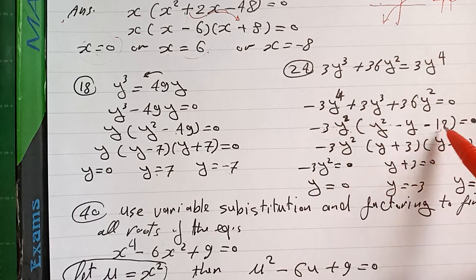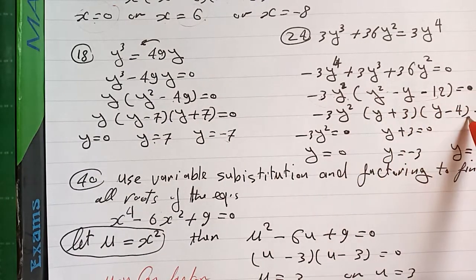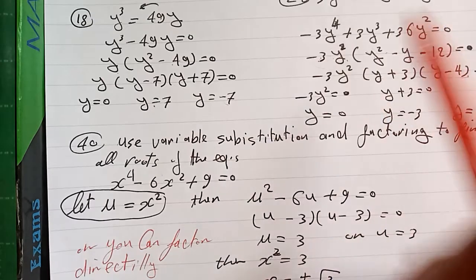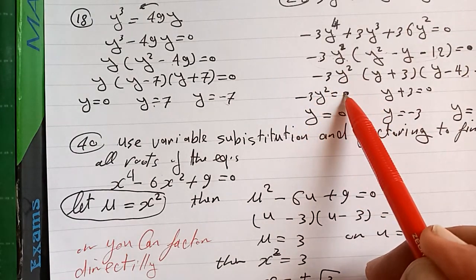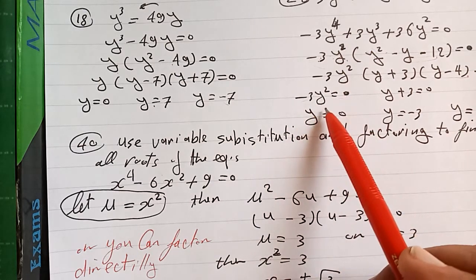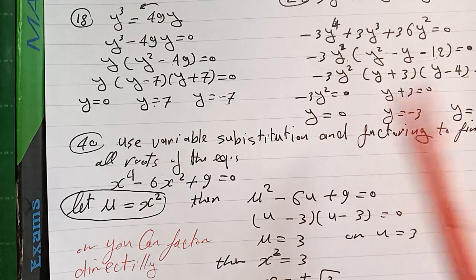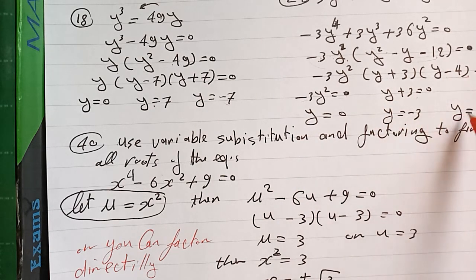And then factorize this and you will get this. Look, negative 3y squared equals 0, divide by negative 3, it will be also 0, and then the square root of 0 is 0 also. And this gives you 4 and this gives you negative 3.